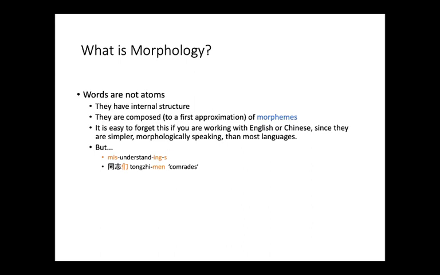So 同志 means to have a common cause, or it means comrade. And there's this thing, men, in Chinese that's mostly used with pronouns, but can be used with some nouns for people to make them plural. So you can add men to 同志 and get 同志们, comrades, except it doesn't really mean comrades anymore.